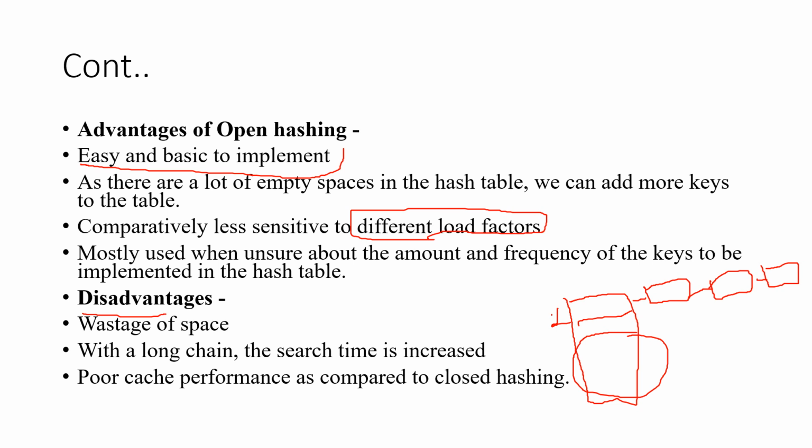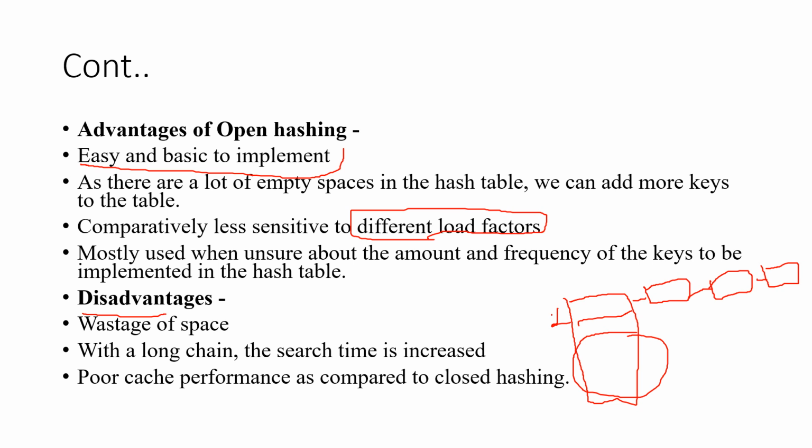It's also said that with a long chain, the search time is increased. In a linked list, the elements are searched linearly. Do remember, it's not an array, and it's not a stack or a queue. A linked list is a linear data structure. So if you are going to search for an element, you have to search linearly, one by one.